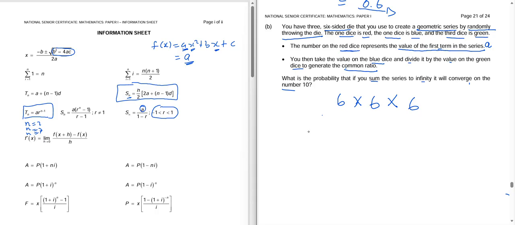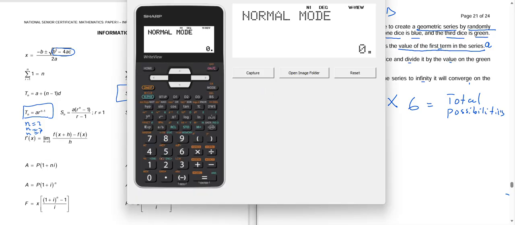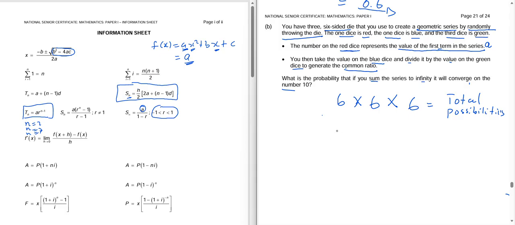So this is equal to total possibilities. And how many of them? We have 6 times 6 times 6, that is 216. So we have 216 possible ways we can generate geometric series, right?